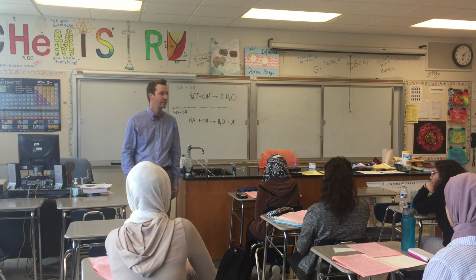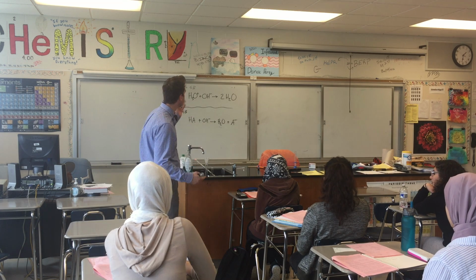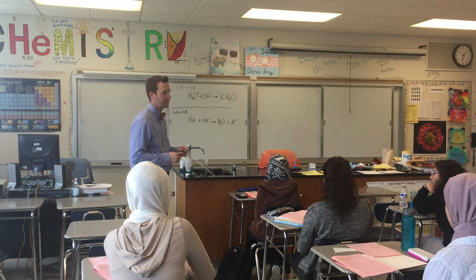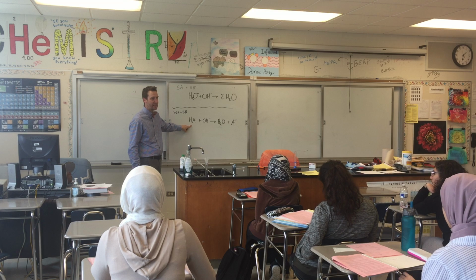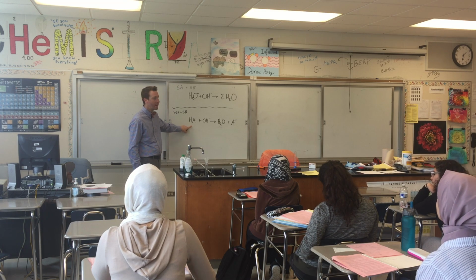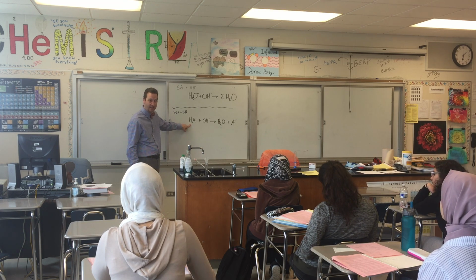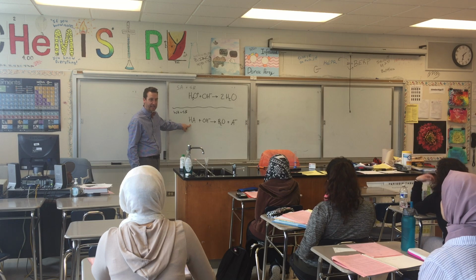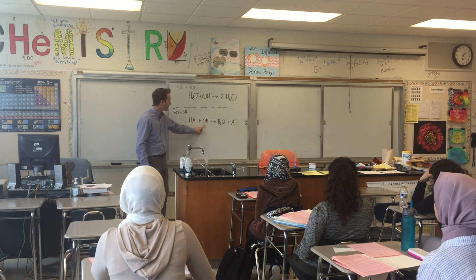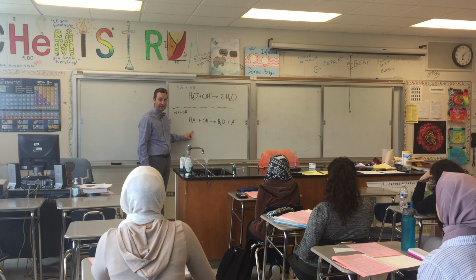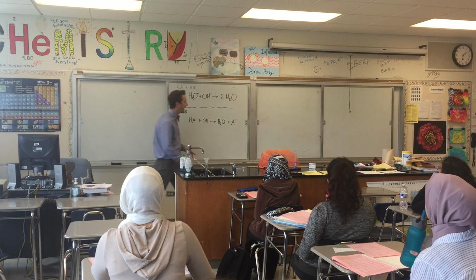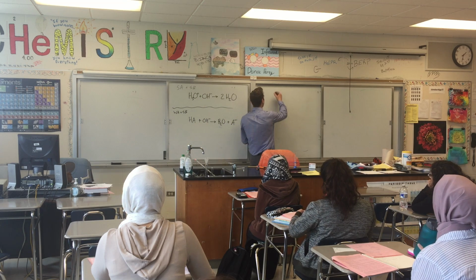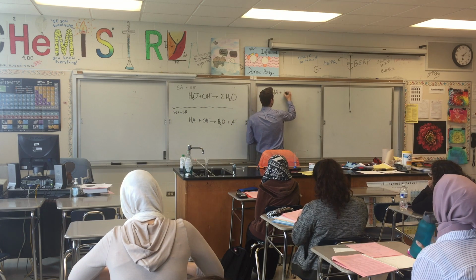But what if we haven't completely used up all that HA? Can we just take the negative log of the excess of HA and get the pH from that? No. Whatever's left in this solution does not completely ionize. So once we do a limiting reactant problem here, we have to do another calculation. We have to set up the weak acid equilibrium.